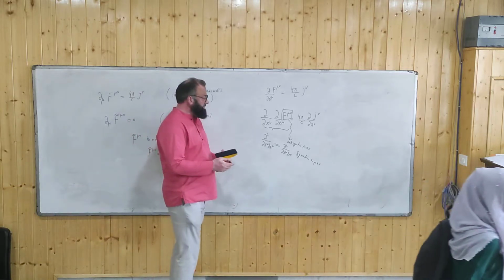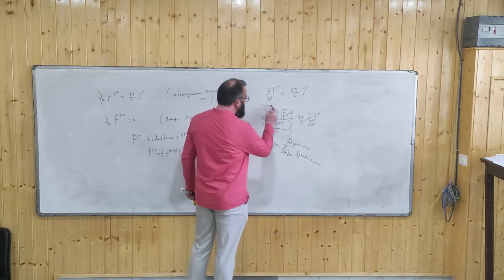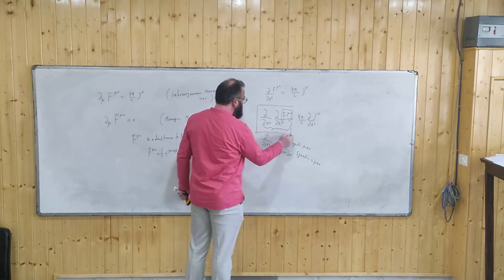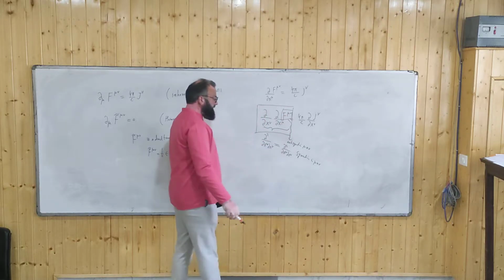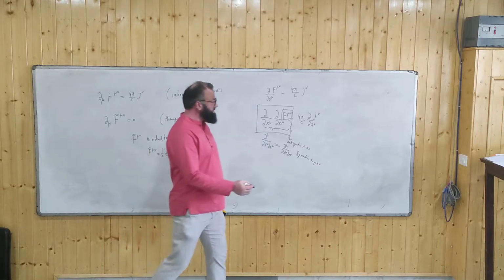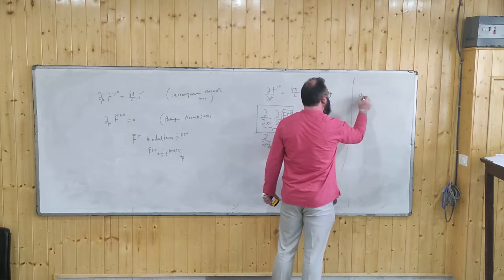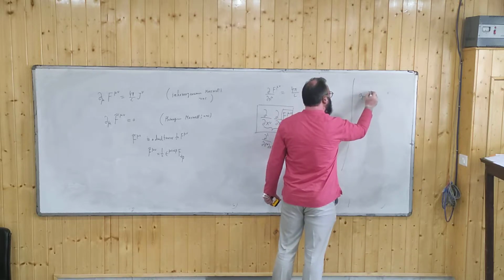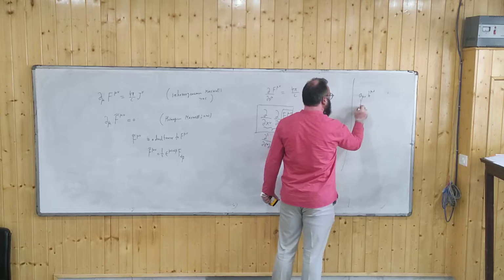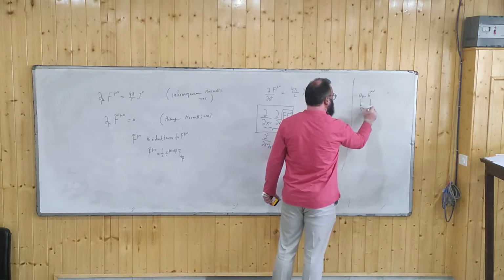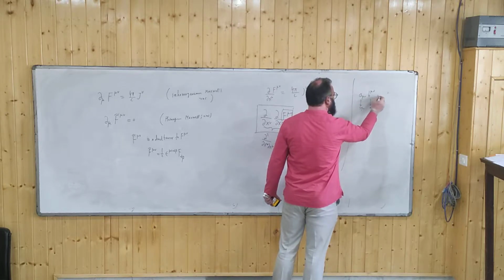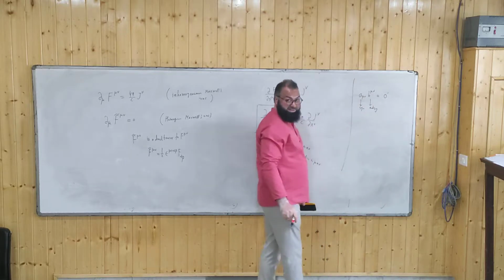Clear? So now tell me what this product will be. You have a symmetric matrix A mu nu, and then you have an antisymmetric one. So this is symmetric and this is antisymmetric. What is this product? 0.